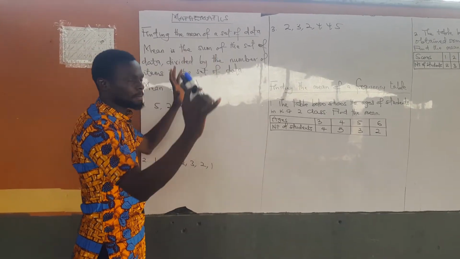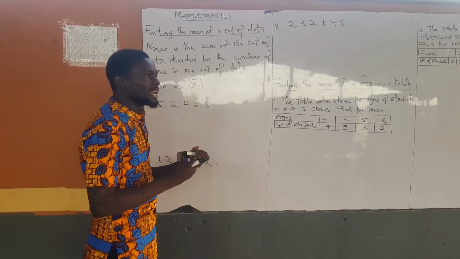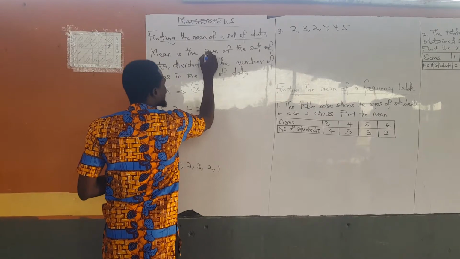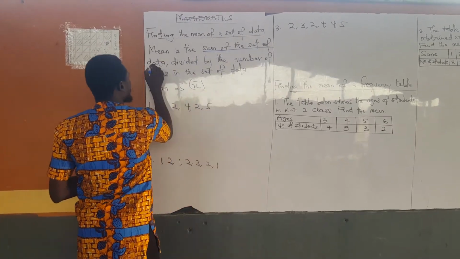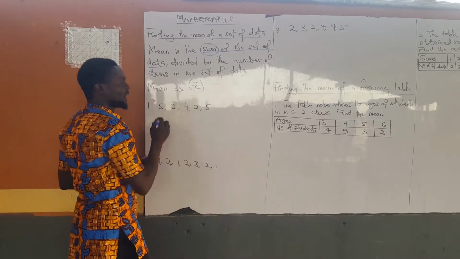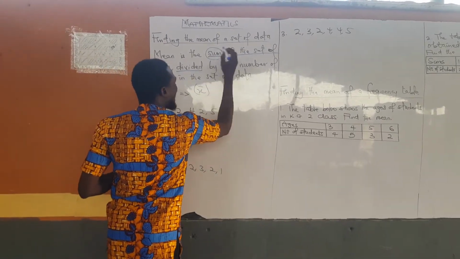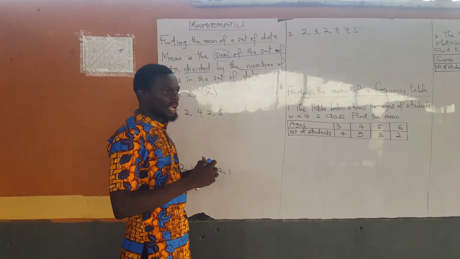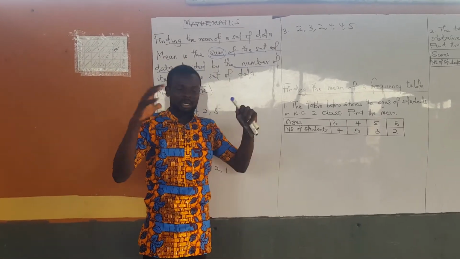Mean is the sum of the set of data divided by the number of the set of data, and that is going to give you the mean.